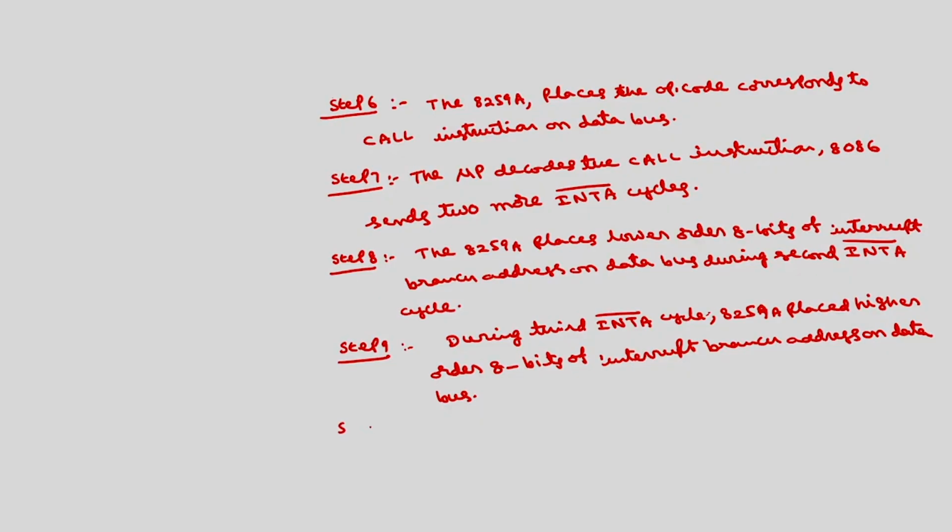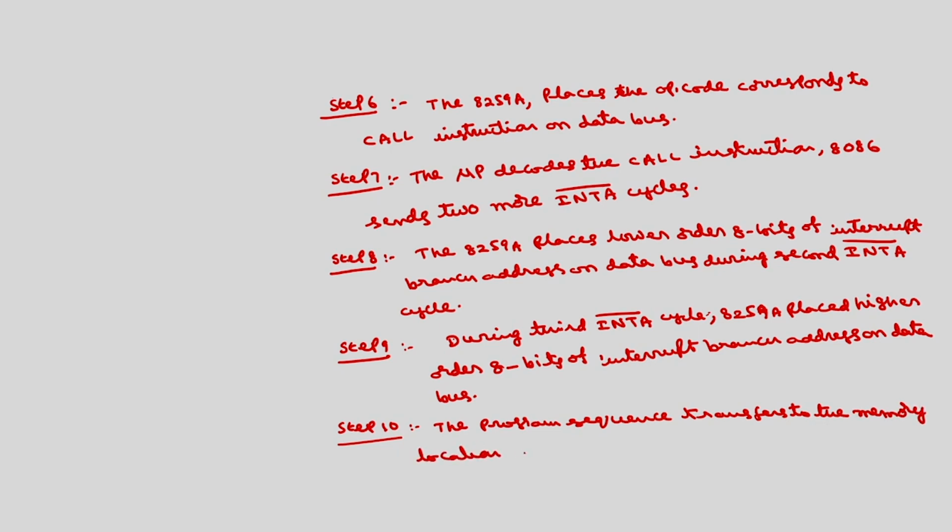Then the last step is the program sequence transfers to the memory location specified by the call instruction. This is the step by step procedure to recognize the interrupt and to service it.